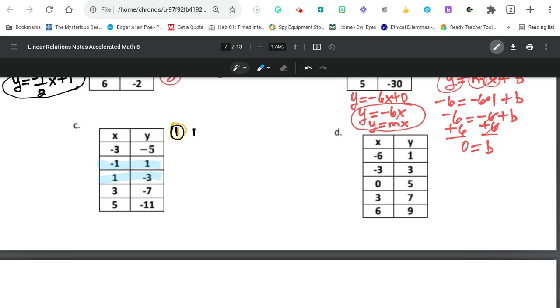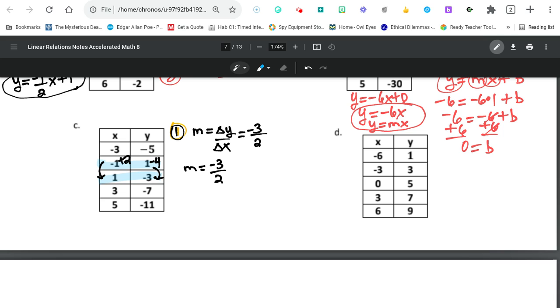Doesn't matter which two. So I'm going to calculate the change of y versus the change of x. What am I doing to 1 to get to -3? Well, I'm subtracting 4. 1 minus 4 gives me -3. And what am I doing to -1 to get to +1? So I'm adding 2. -1 plus 2 is 1. So here I see the slope is -3 over 2.